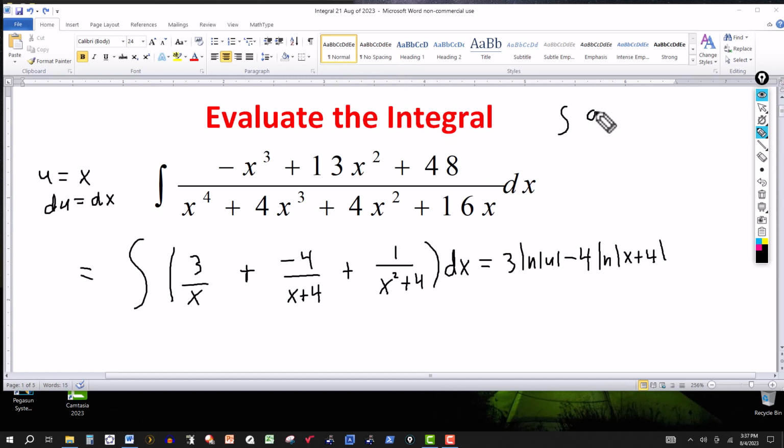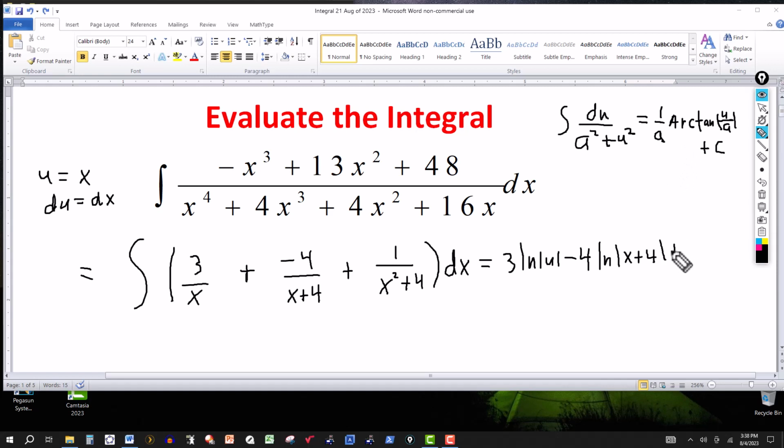So the formula we'll be using is one that says the integral of du over a squared plus u squared is equal to 1 over whatever a is, and this is going to be arc tan of u over a, plus your constant of integration.